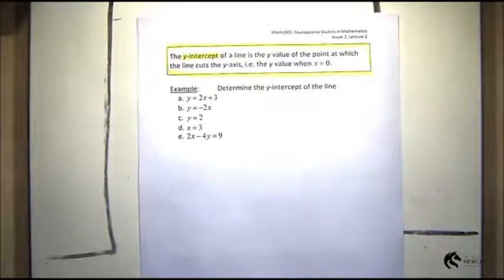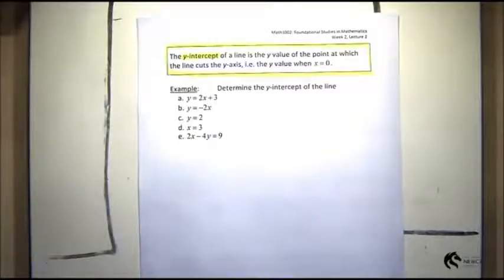So let me go way back now, go back to this picture. Here is the line y equals 2x plus 3. We know the slope of this line is 2.